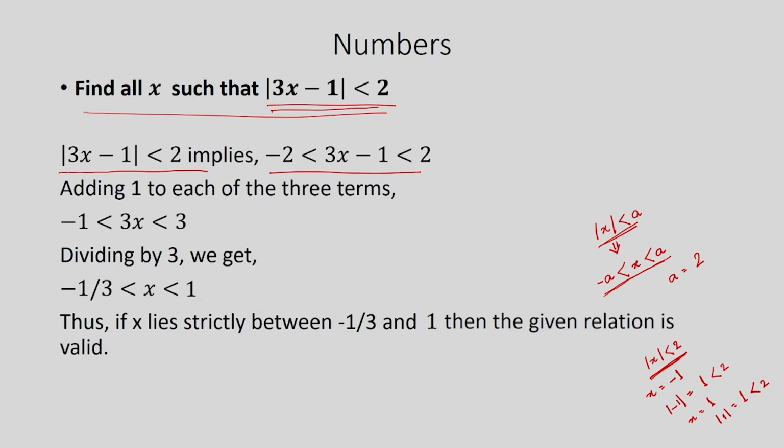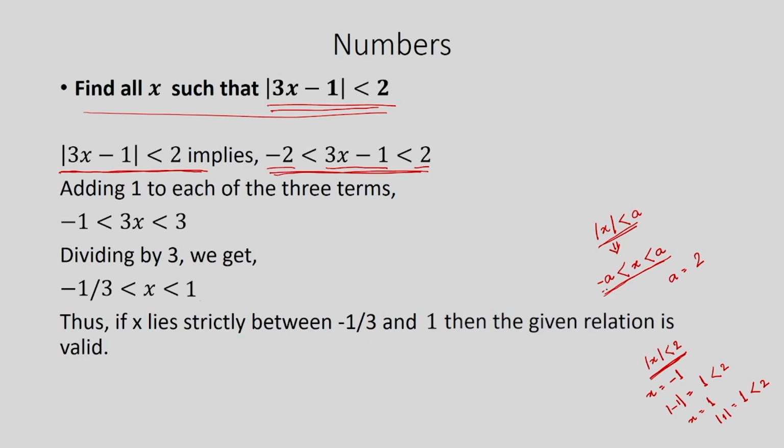Okay. This is the principle that I am applying in this particular problem. We know that modulus of 3x minus 1 is strictly less than 2, therefore whatever is within the modulus symbol, that is 3x minus 1, is strictly less than 2 and strictly more than minus 2.